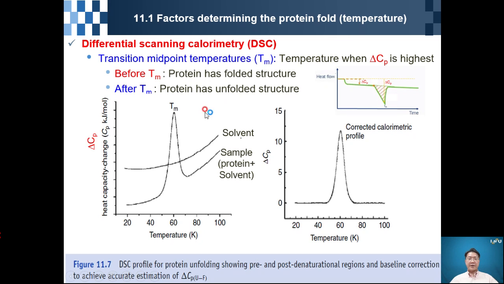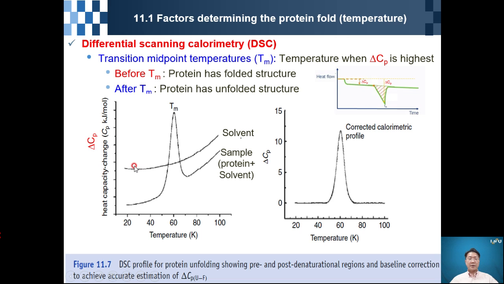By using DSC, we can measure the heat flow as a function of time. Now we can change this graph into this one, where the x-axis is temperature and the y-axis is the heat capacity change, delta Cp.